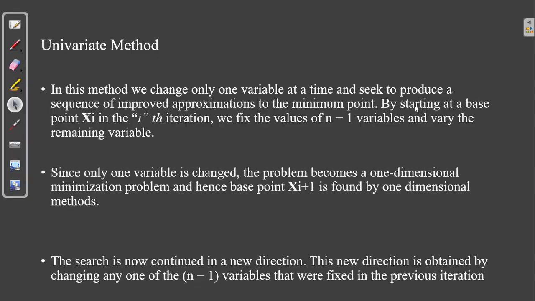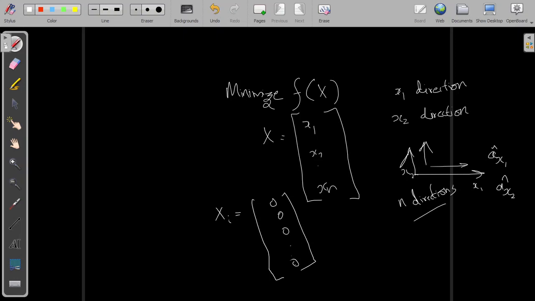Starting at a base point xi, in the ith iteration, we fix the values of n minus 1 variables and vary the remaining variable. That means we have x1, x2, etc., xn.